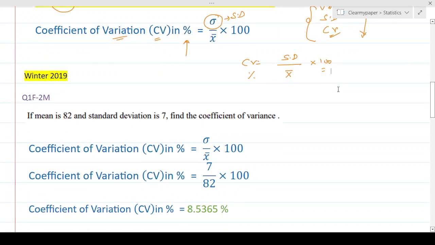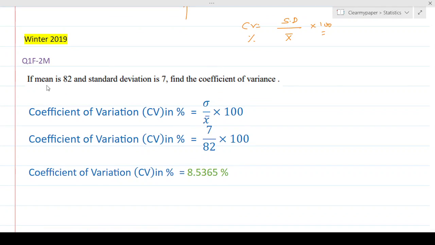So the first part is what is given to us. The mean is 82 and the standard deviation is given, and we need to find the CV. It's a simple, straightforward formula. You write the formula first, then you substitute the values. It's a ratio of SD over mean, so that's 7 over 82, multiplied by 100.